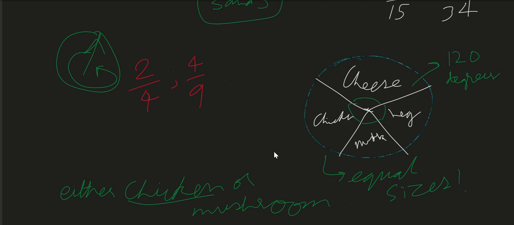Okay, so cheese is 120, right? And then chicken, mushroom and veg, they all three are 80, 80, 80. Yeah, we all know that. So how does that matter?